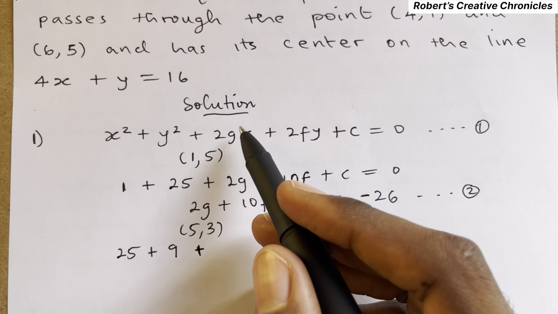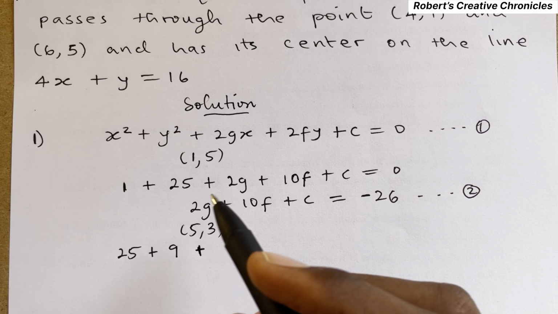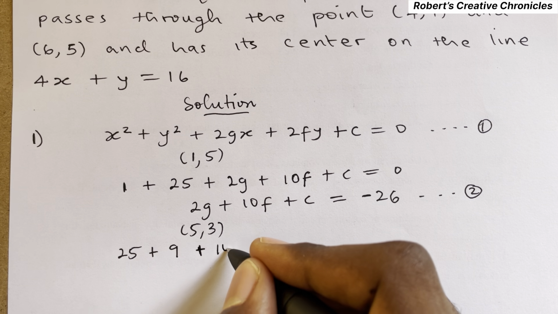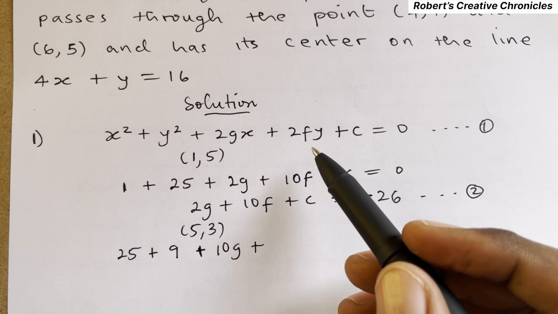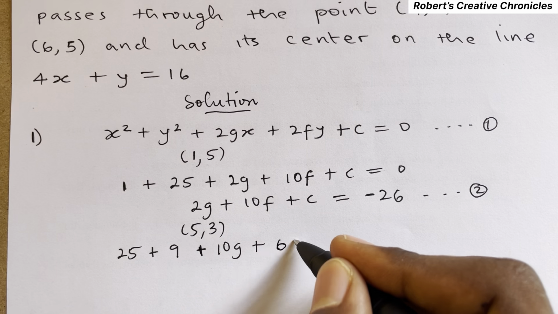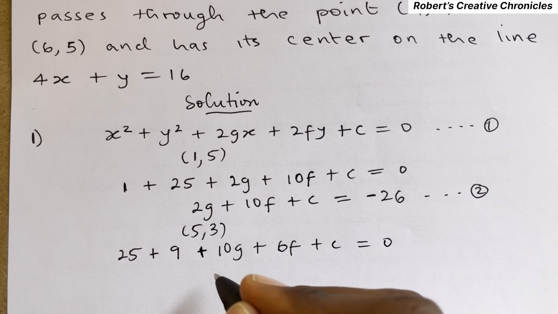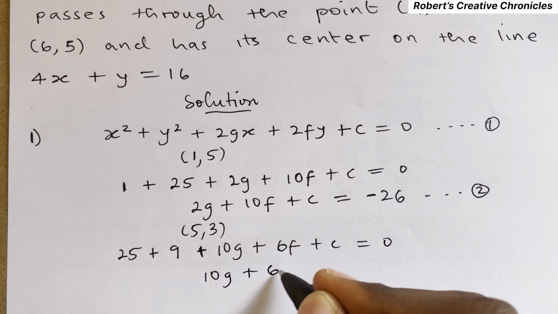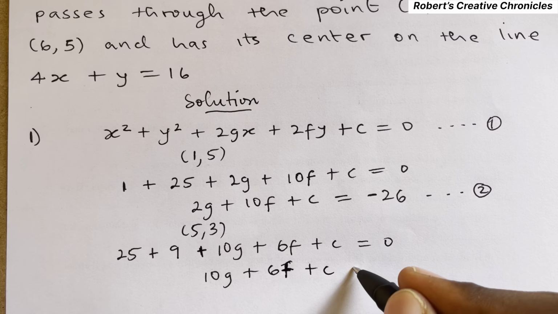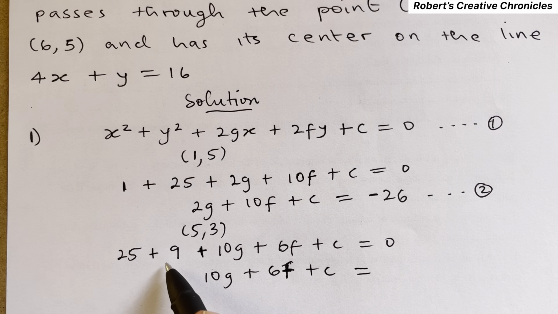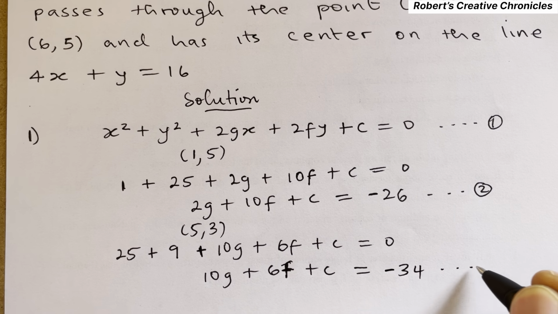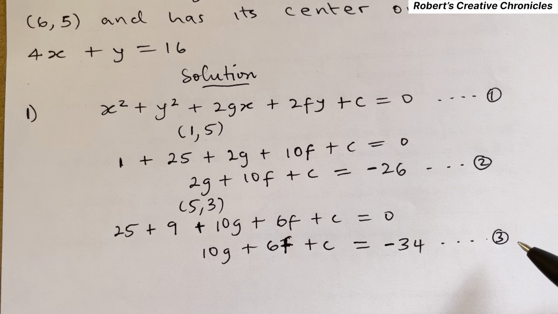Plus 2 times g times 5, which is 10g, plus 6f, plus c is equal to 0. Then 10g plus 6f plus c. 25 plus 9 is what? This is 34. So this becomes negative 34. This is our equation 3.